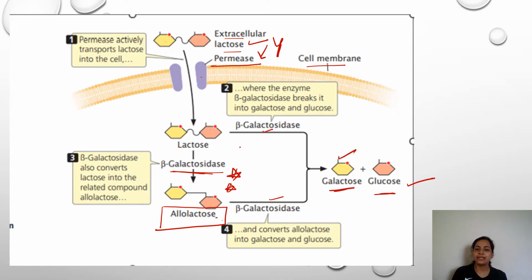Okay, what is happening? Beta galactosidase is performing two functions. Number one, it is converting some of the lactose into another related compound, the allolactose, and the other function is that it will break both the lactose and the allolactose into galactose and glucose, and these are the monosaccharides which are easily utilized by the bacteria. ठीक है, इसको आगे इसका utilization हो जाएगा via glycolysis.